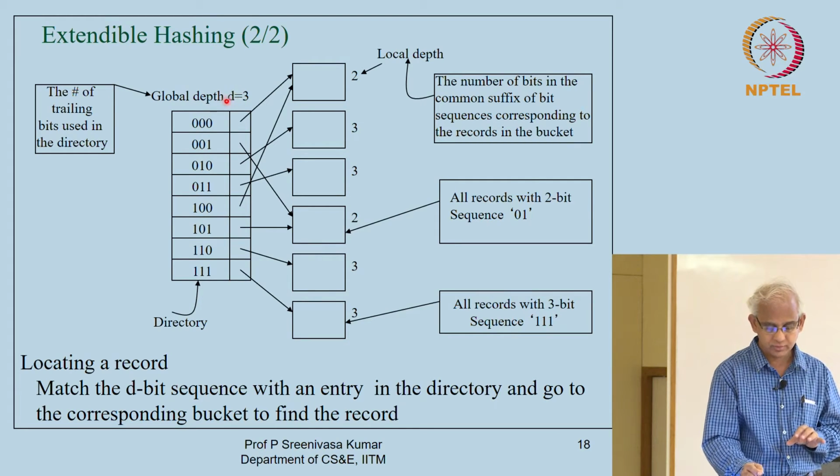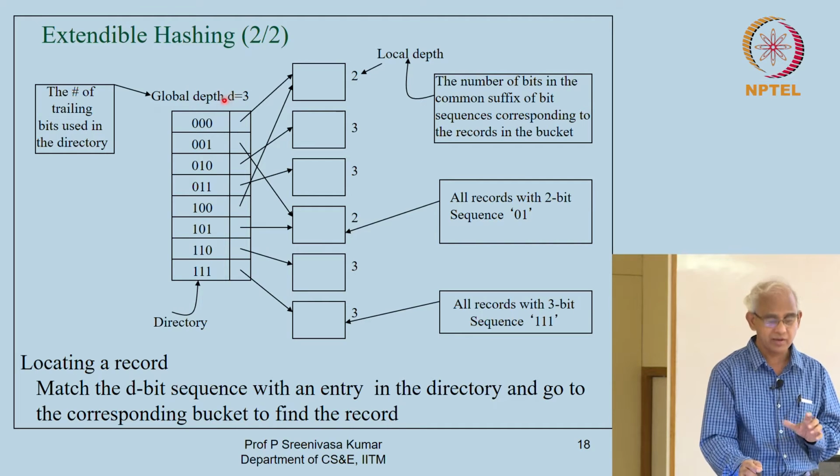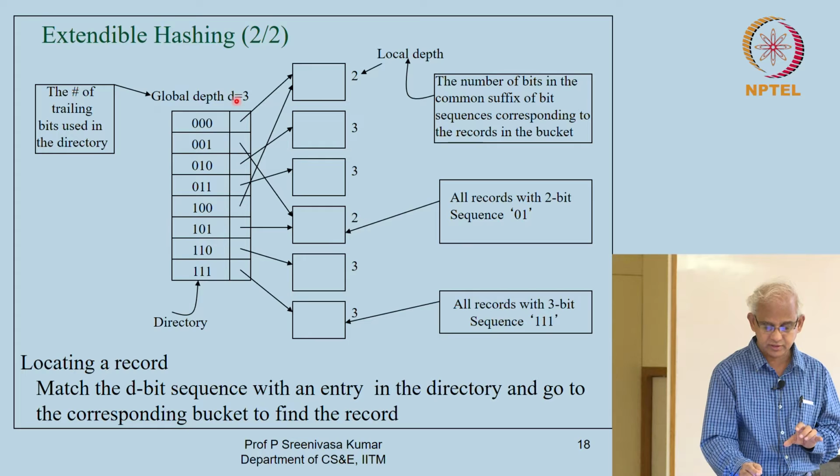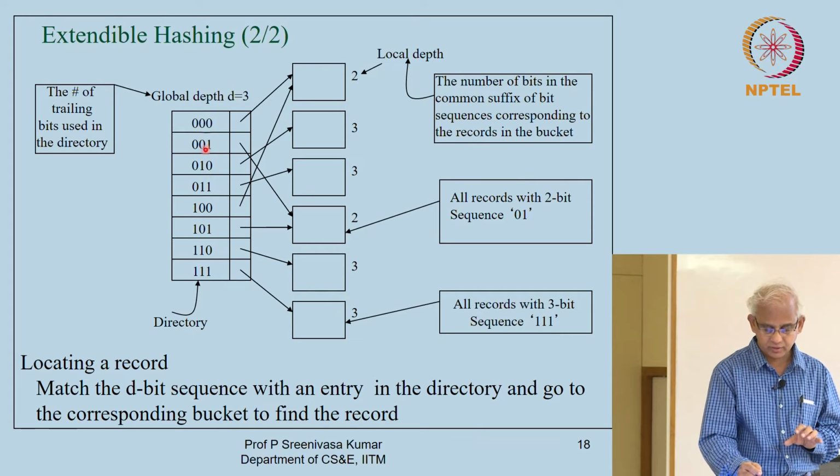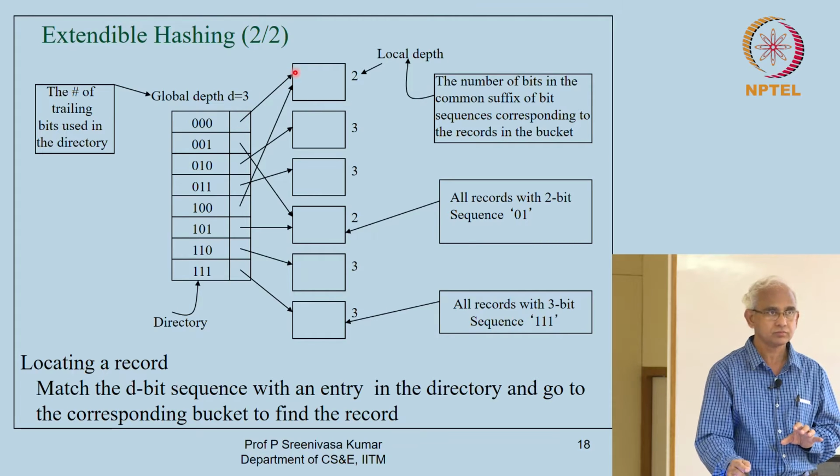The global depth is the number of trailing bits that we are currently making use of. Let us say d equals 3, then all the 3-bit sequences are present in the directory. The directory structure is like this: it has a 3-bit sequence because the global depth is 3 right now, and it has a disk pointer to a bucket.